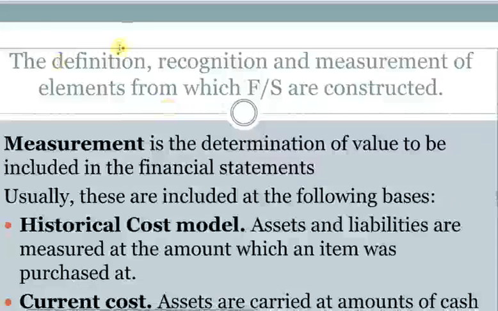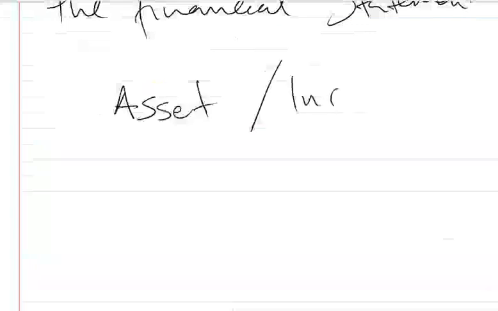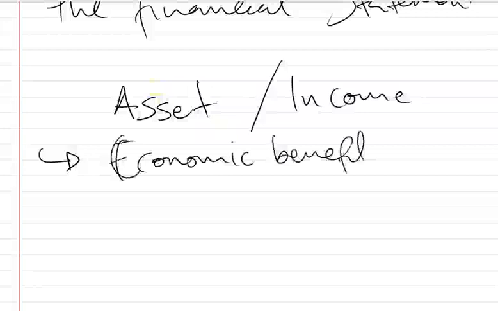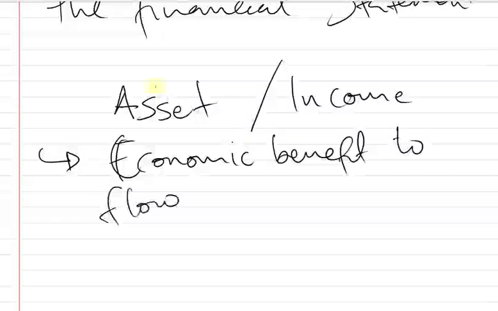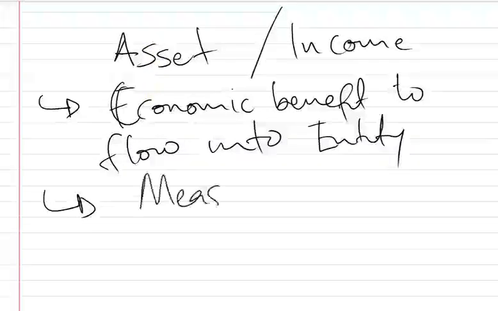So if we talk about assets and income, right? The criteria will be: one, we're expecting economic benefit to flow into the entity. That's the first thing. And we can measure it reliably, give it a value.